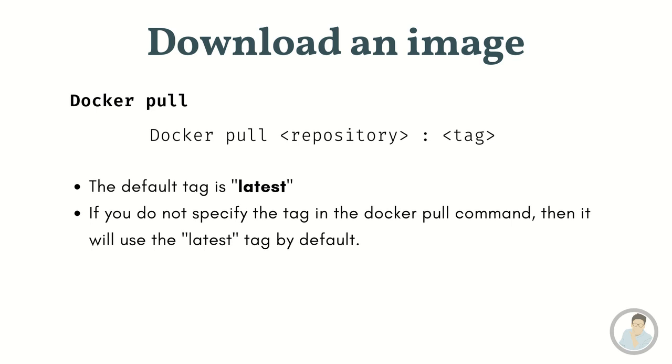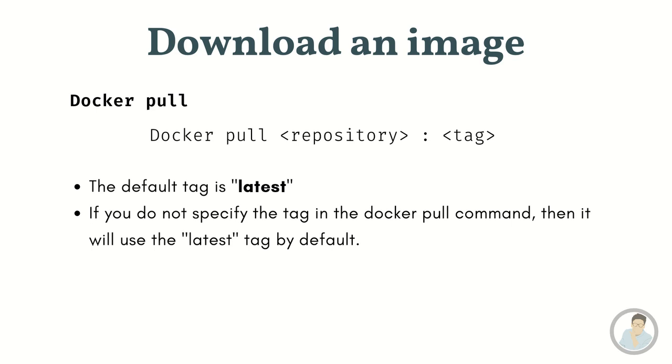Docker pull is the command that we use to download an image from a repository. The command is docker, space, pull, space, then the repository name, then a colon, and then the tag. I'll talk about the tags later in the tutorial, so just keep it aside for now.